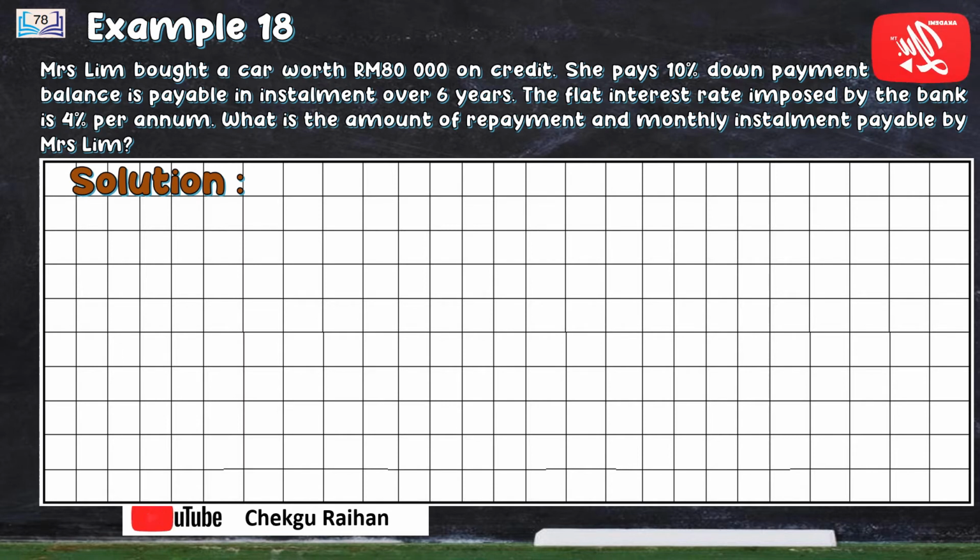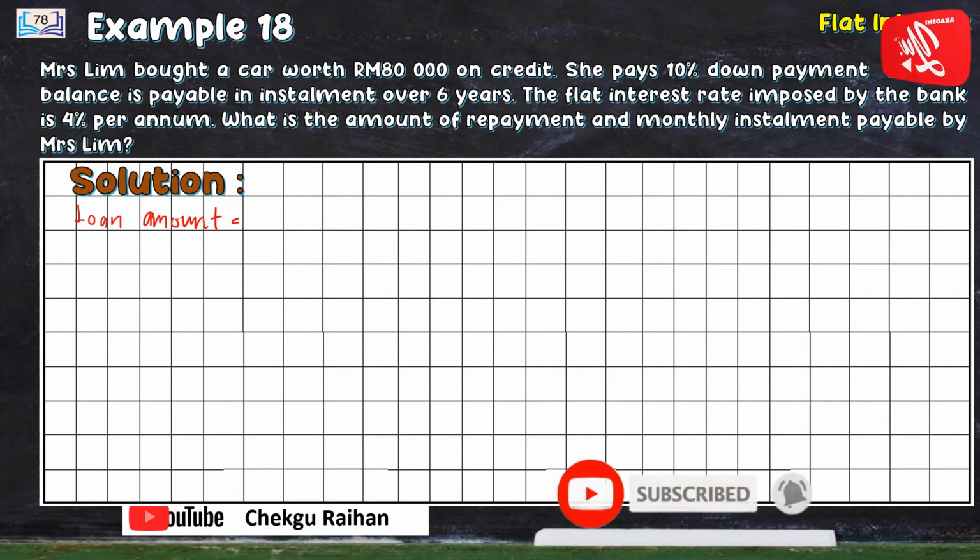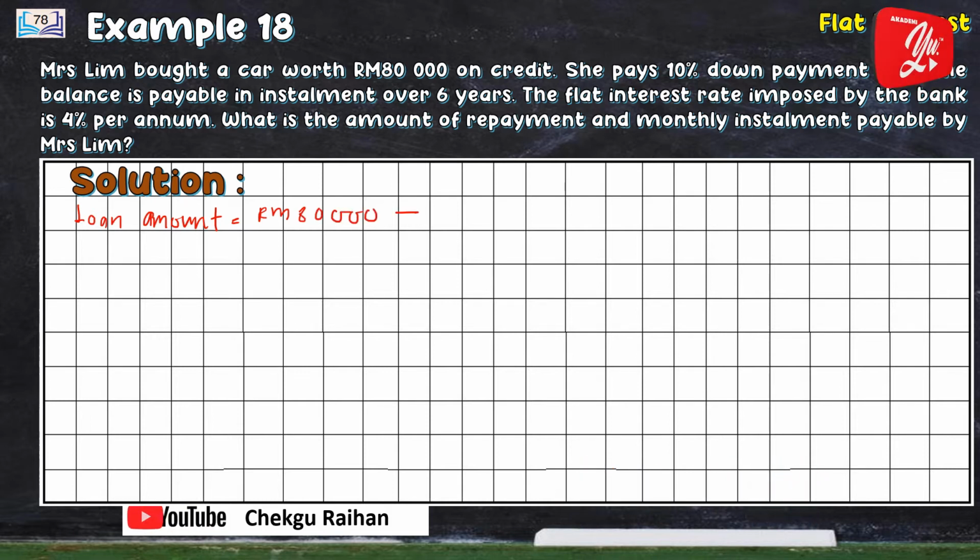The loan amount is equal to purchase price minus down payment. So Ringgit Malaysia 80,000 minus RM 8,000. So the total loan amount is equal to Ringgit Malaysia 72,000.